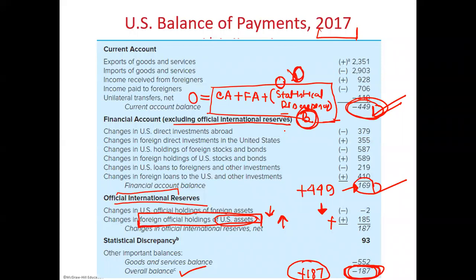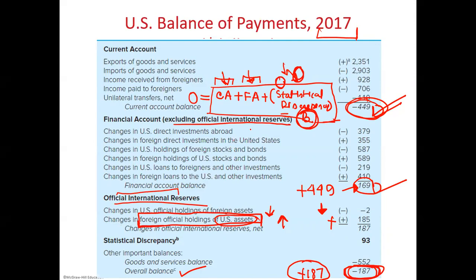What is expected to happen is that often the overall balance can be positive or negative. And the definition of the overall balance is like this: current account balance plus financial account balance plus statistical discrepancy.